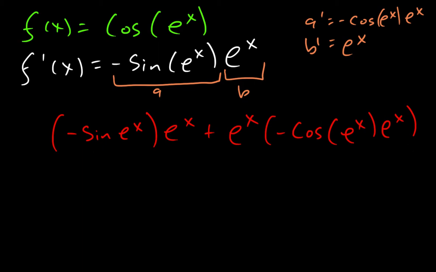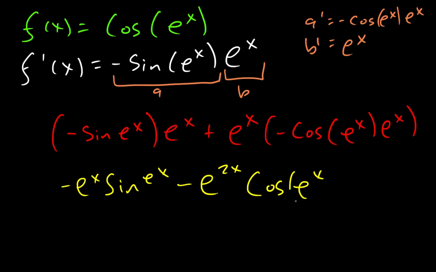And then we can simplify this just a little bit. So we're going to say negative e to the x sine e to the x, and then minus, we have 2 e to the x's, so when we combine those we get e to the 2x with multiplication, and then cosine e to the x. So here's our second derivative.